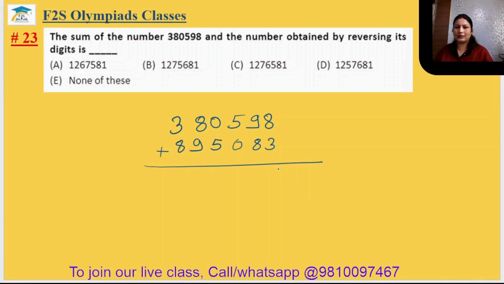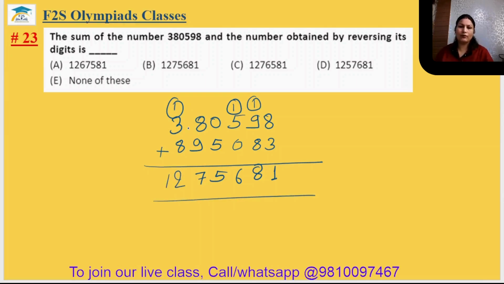Add 8 plus 3, 11, carry 1. 9 plus 1, 10, 10 plus 8, 18, carry 1. 5 plus 1, 6. 5 plus 0, 5. 8 plus 9, 17, carry 1. 3 plus 1, 4. 4 plus 8, 12. The answer should be 1,275,681. It is in option B. The 23rd answer will be B.